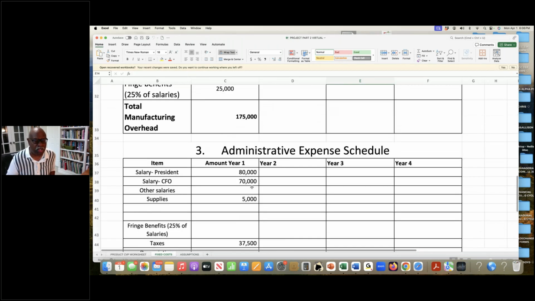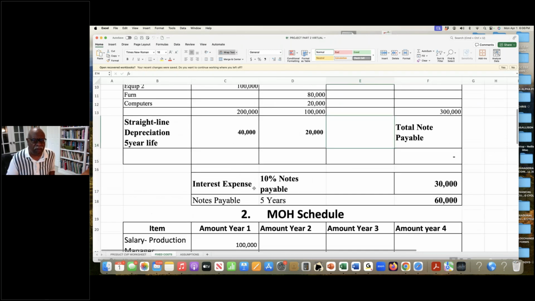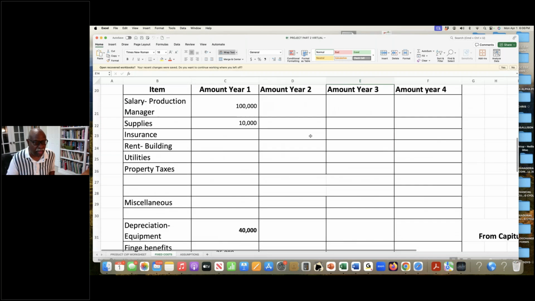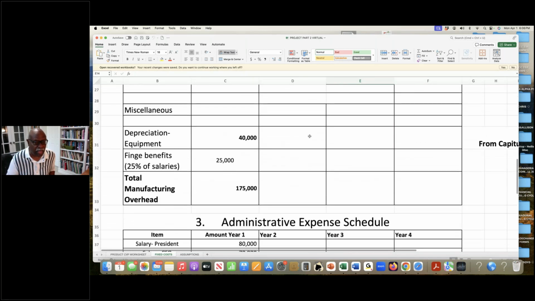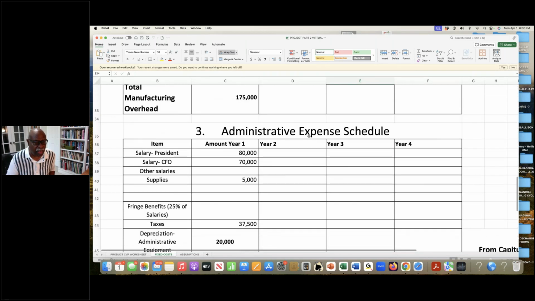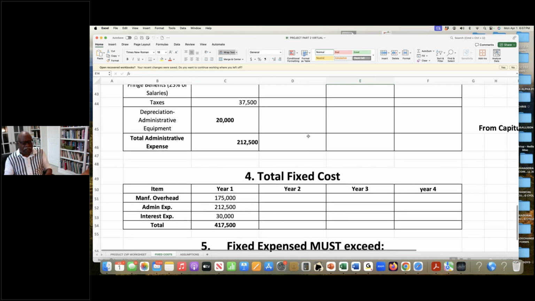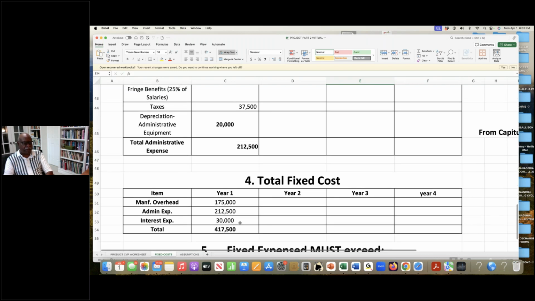Once again, that depreciation number would come from your capital expenditure budget. Your total fixed cost will consist of three components. Your manufacturing overhead, that's all fixed. The administrative expense is fixed, and the interest expense is fixed. So in this case, the totals were 417,500.